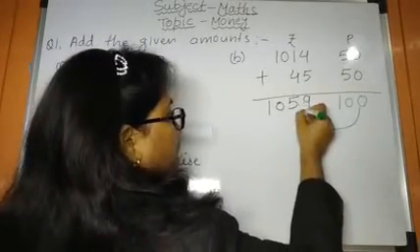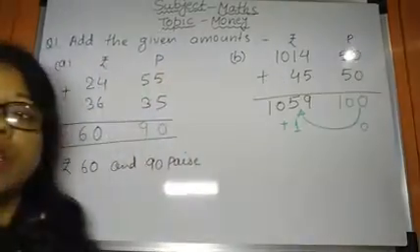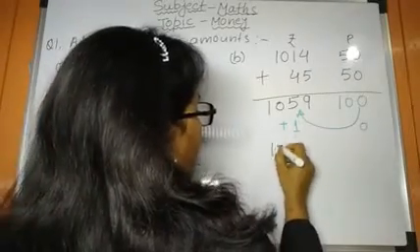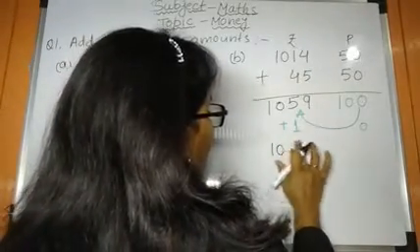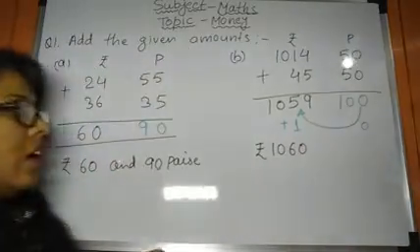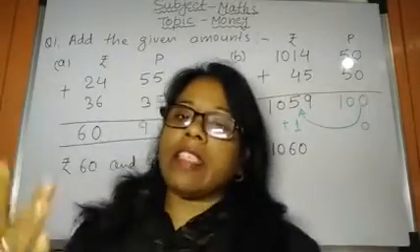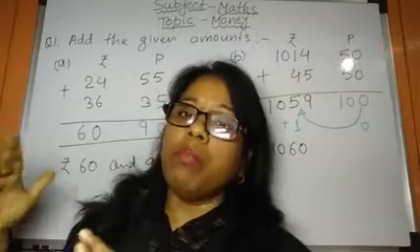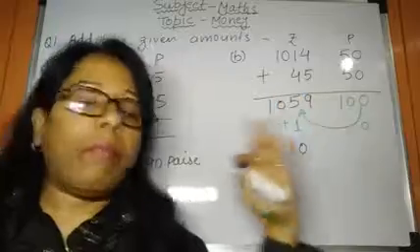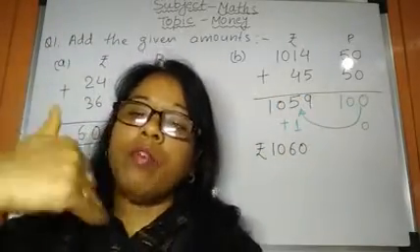So we will shift this 1 rupee here, and this side it will be 0. So the answer will be 1059 plus 1, that is 1060 rupees and 0 paise. So if you get paise 100 or more than 100, you will shift 100 paise to the rupees side. That 100 paise will be 1 rupee.